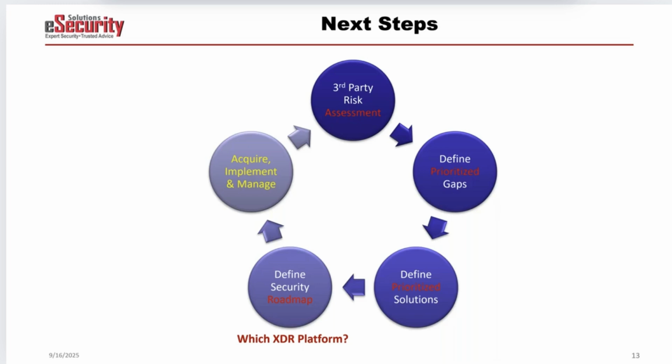And in that process, when you're acquiring your solutions, defining whose solutions you want to standardize on more than others, and therefore which XDR platform you're really focused on. So WatchGuard has great solutions. They are continuing to add more and more, and they integrate them into their XDR platform, which is one of the reasons they're one of our favorite partners.